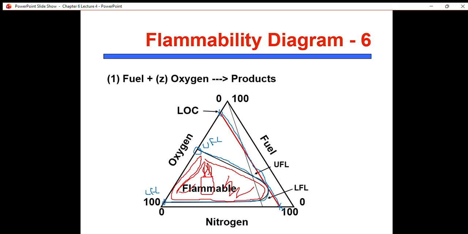Here you are green, safe. Here as well you are green and safe. Here as well you are green and safe. But anything in red, or inside that specific zone, the fire will start if you have this composition or this combination.